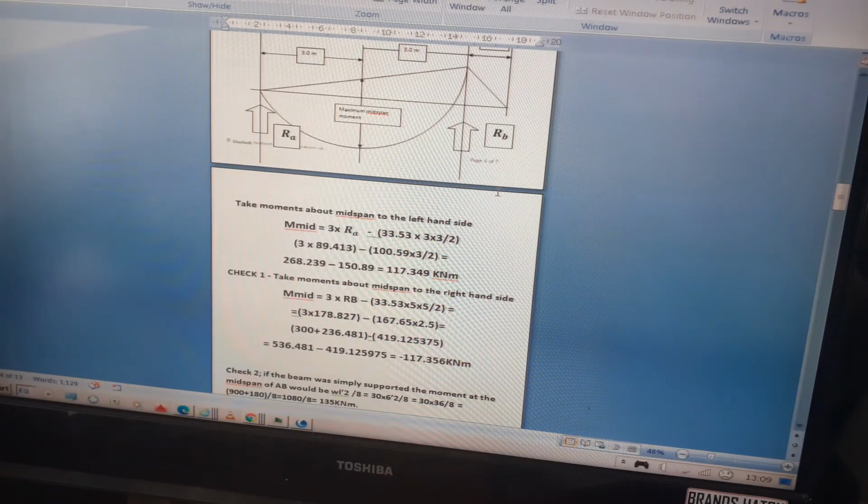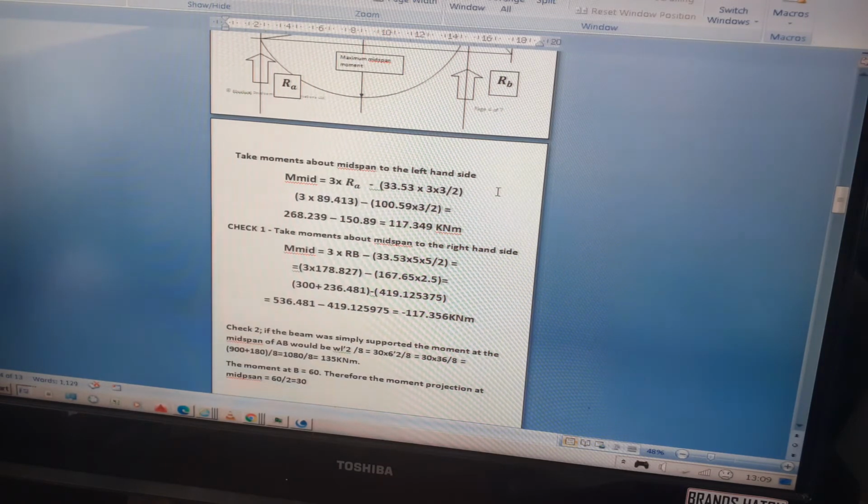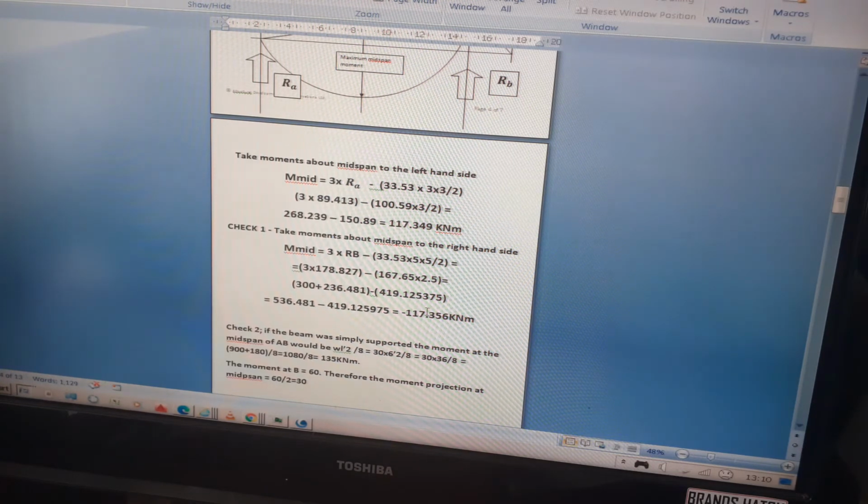So the moment is equal to 3 times RB minus 33.53 times 5 over 2, which is the lever arm: 3 times 178.8 minus 167.65 times 2.5. So that works out as 536.48 minus 419.127, and we get 111.356.